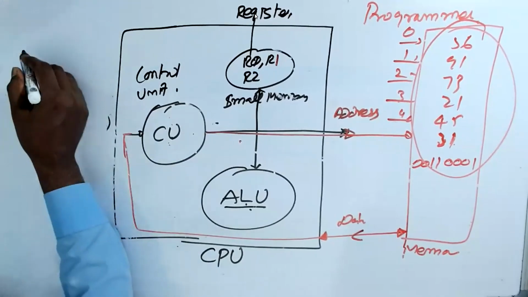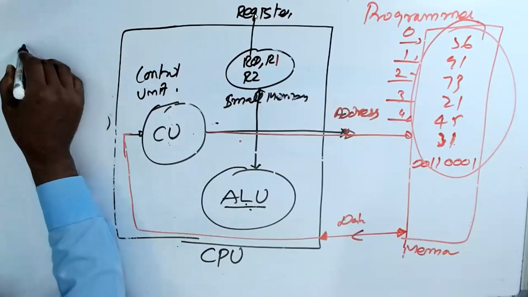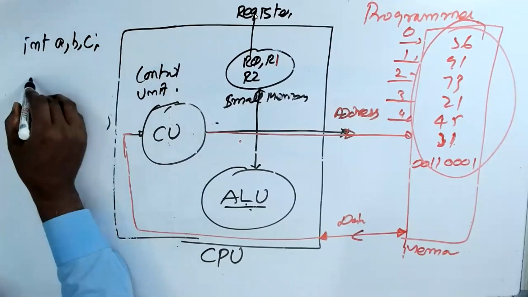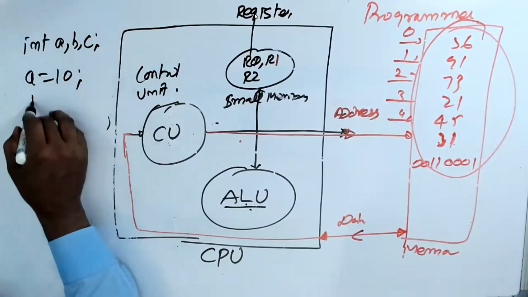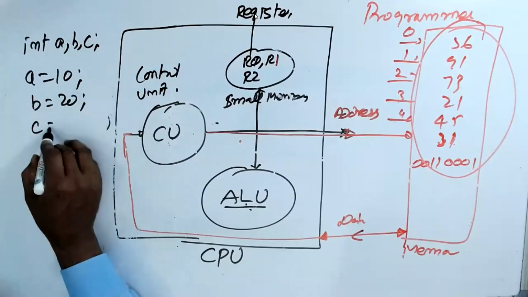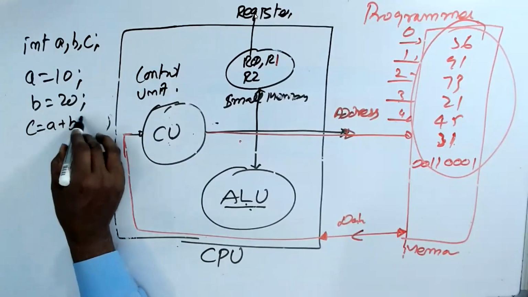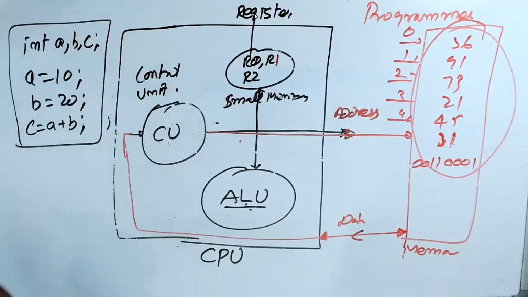If I write in C: int A, B, C; A equal to 10, B equal to 20, C equal to 30. Let us say you are writing this very small program. The moment you convert the program, the compiler does one important thing.